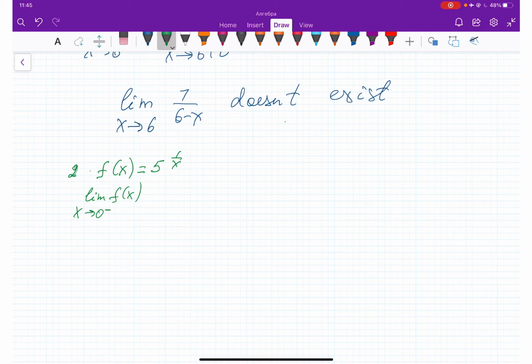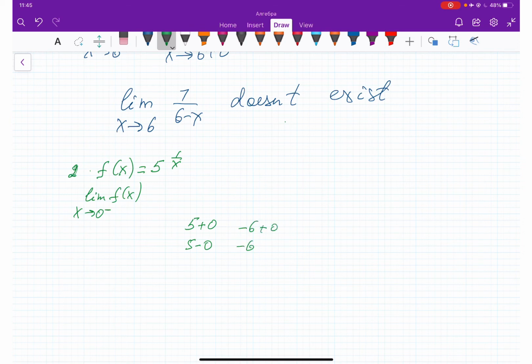Actually, when we say approaching, let's say, number 5 from the right side, I would use 5 plus 0 because it's going to be a little bit above 5. From the left side, I would put 5 minus 0, right? If it's approaching negative 6, let's say, I would put negative 6 plus 0 from the right side.